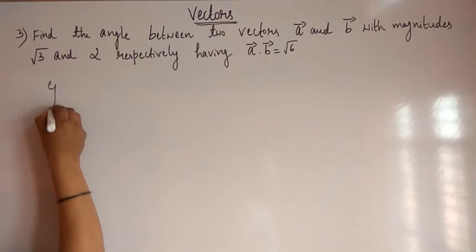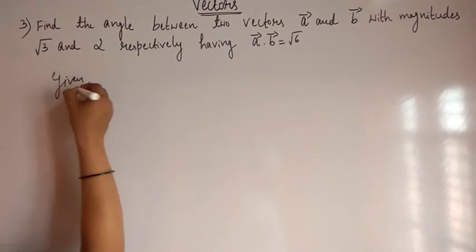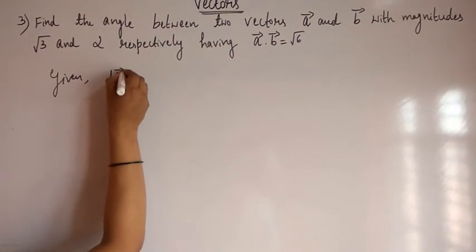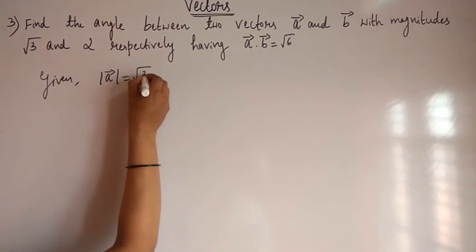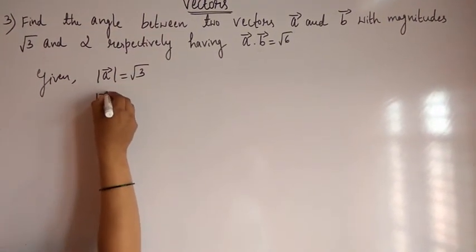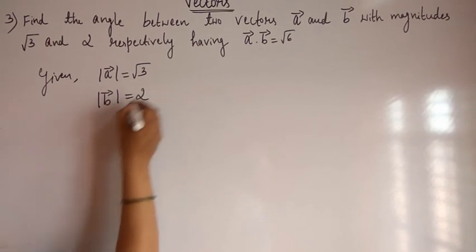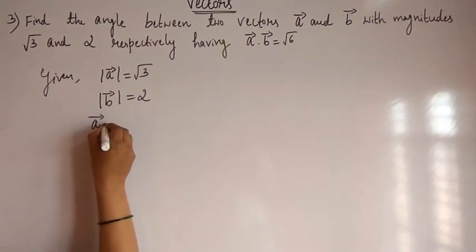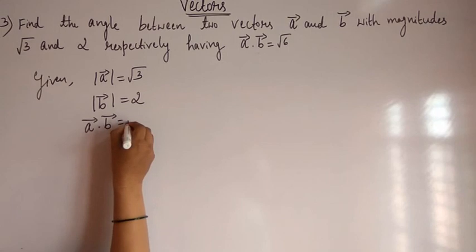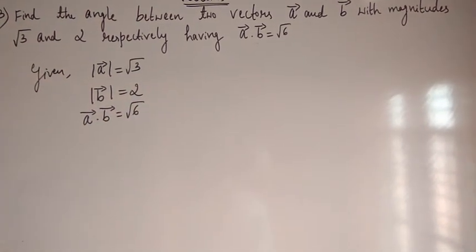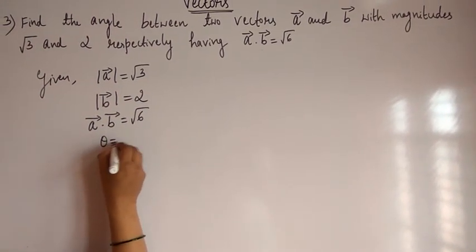So therefore here given magnitude of vector A equals root 3, magnitude of vector B is 2, vector A dot vector B equals root 6, and we have to find theta, the angle.